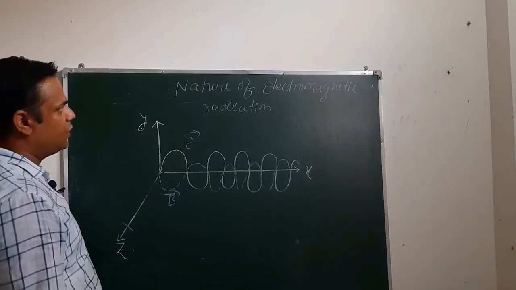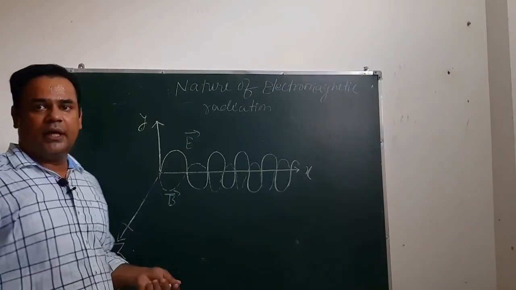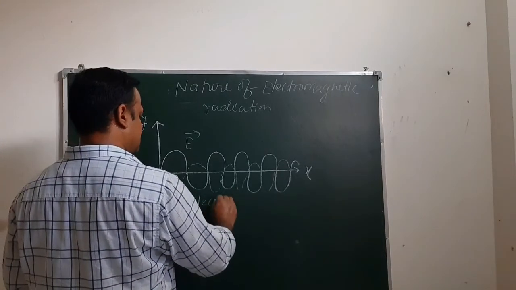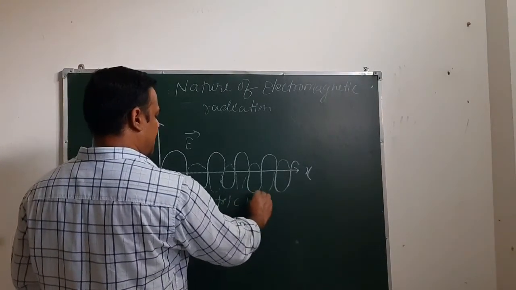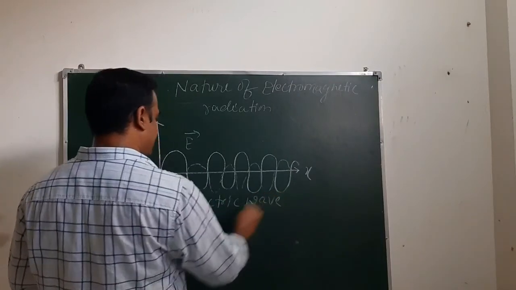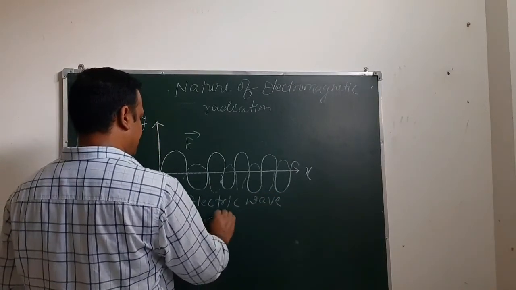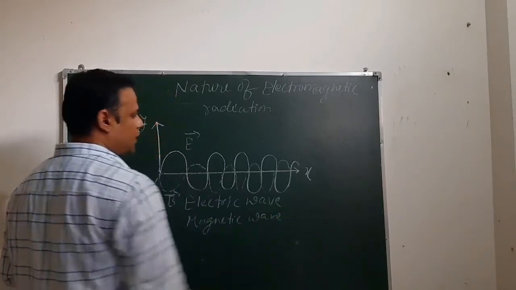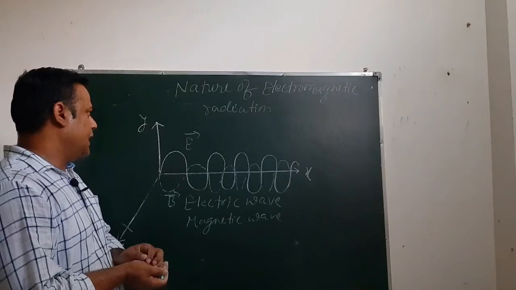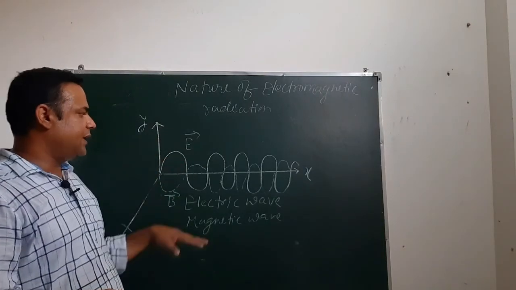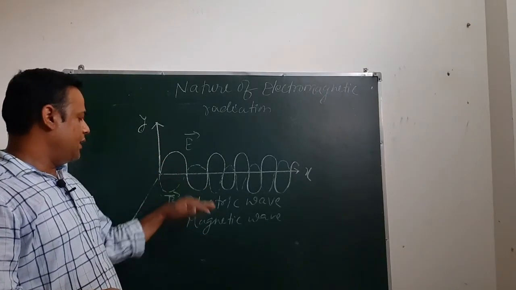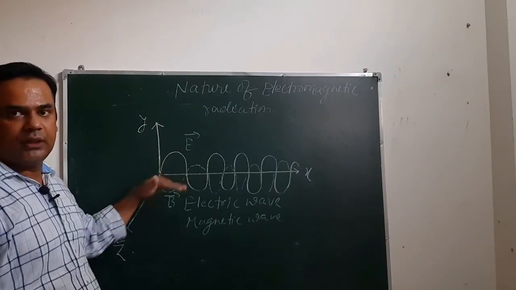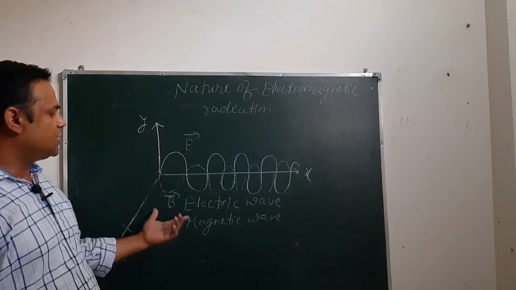So electromagnetic radiation basically consists of an electric field wave as well as a magnetic wave, and these two waves oscillate perpendicular to each other. If the electric wave is in the xy plane, then the magnetic field may be in the xz plane or yz plane, but they will always be perpendicular to each other. So these are electromagnetic waves.